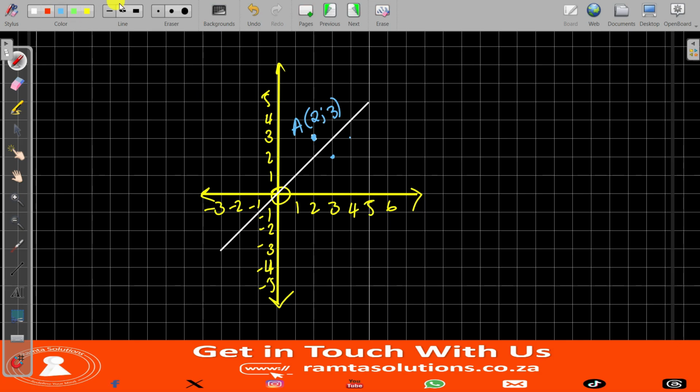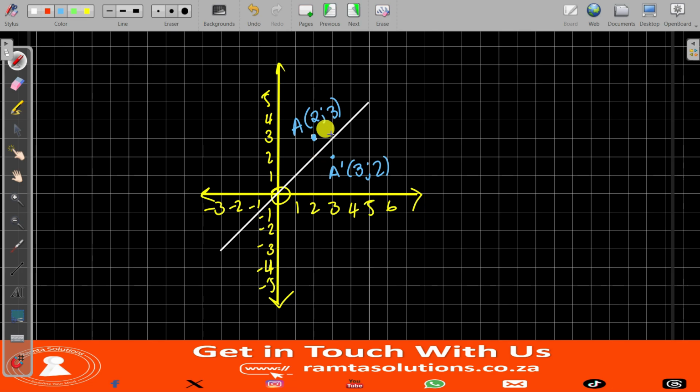Now let's look at this image carefully. When you look at this image now, where is it? A prime has the x value 3 and the y value 2. Once again, how did we get it? You moved 1 unit down, then 1 unit to the right. So this means even this one has to move 1 unit to the right from the line and then 1 unit down from the line.